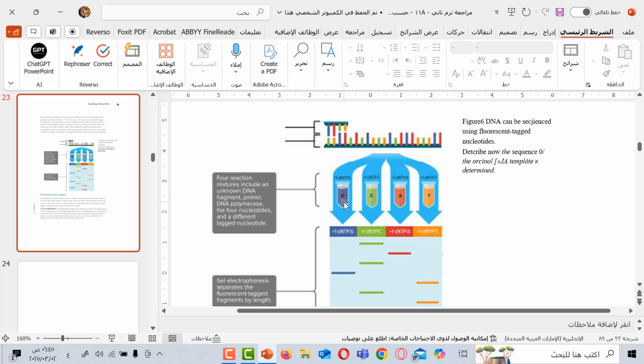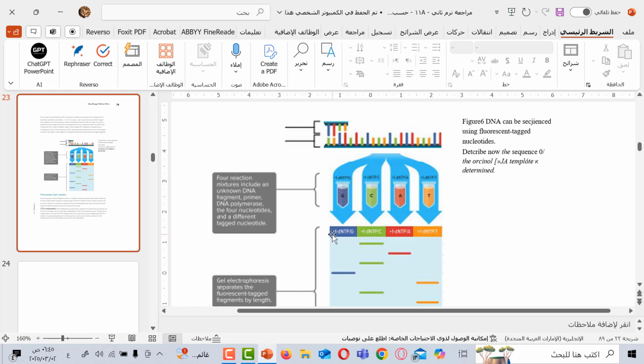The G is blue, C is green, A is red, and T is orange. And we will put DNA polymerase and primers. This is a primer, and this is the DNA. We want to know the sequence of it.